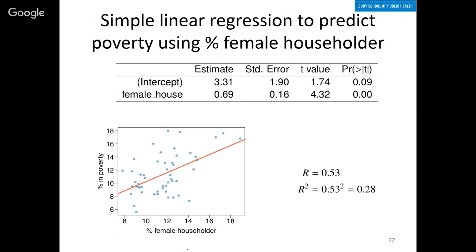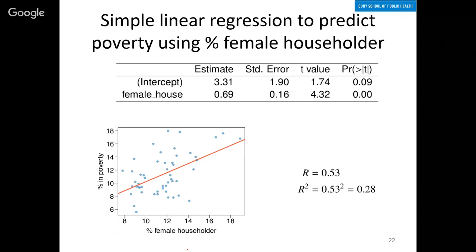Do you remember what the relationship is? Anyone? The Pearson correlation is the regression coefficient if you scale the variable to have a standard deviation of 1. So this is different because the standard deviation is not 1.